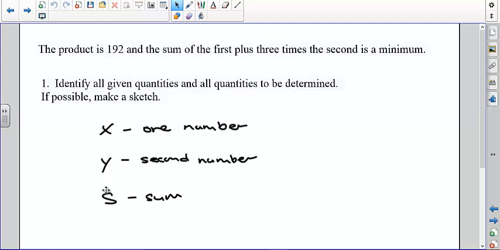And the sum is s. So this is the sum from this equation. And really, we have one more, which, well, we don't really need to. We could say P is the product, but we don't actually have to do that.